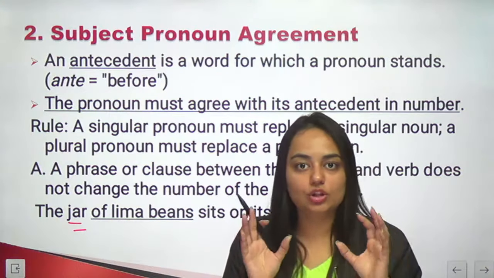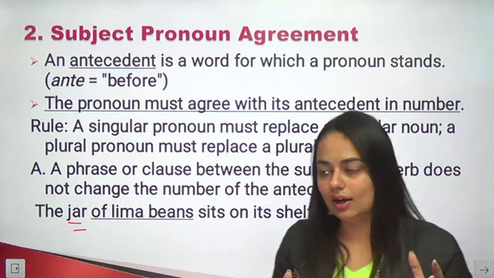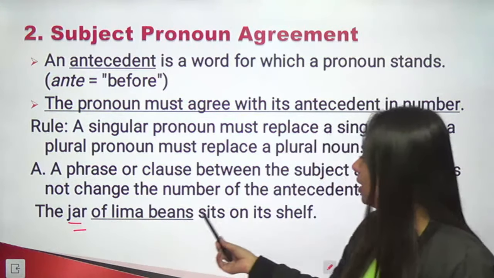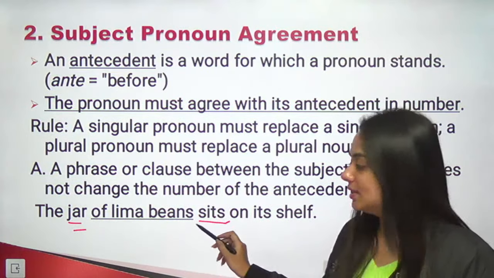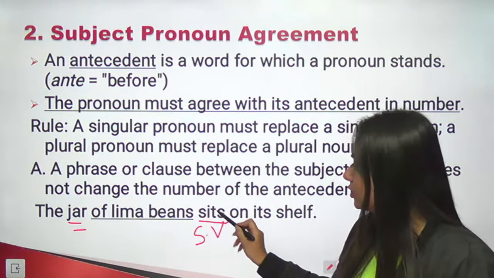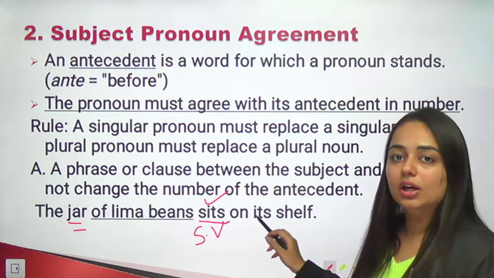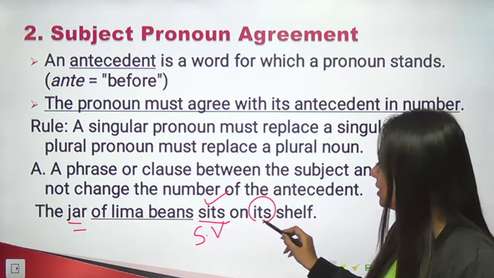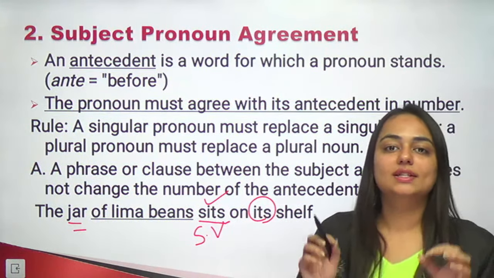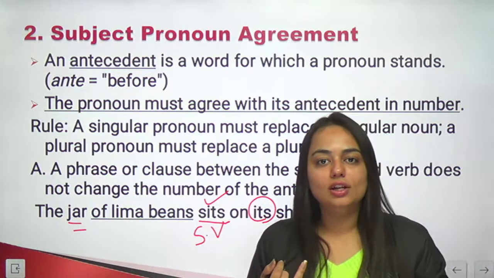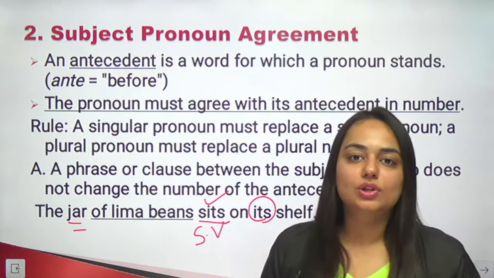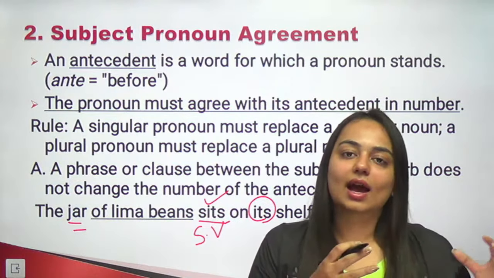And the jar is singular, right? So the jar of lima beans sits. First thing, we have used a singular verb. So yes, this is right. On its shelf. Now its is a pronoun again which is singular. For jar, for neuter gender or non-living things, the pronoun that we use is it, its.